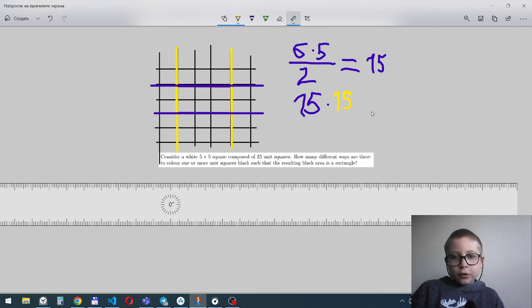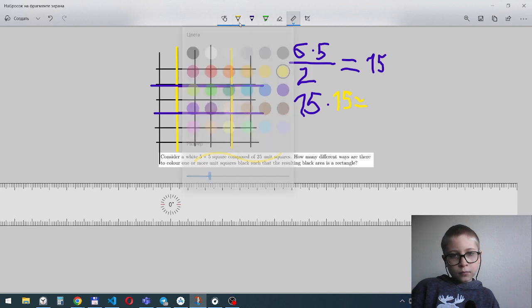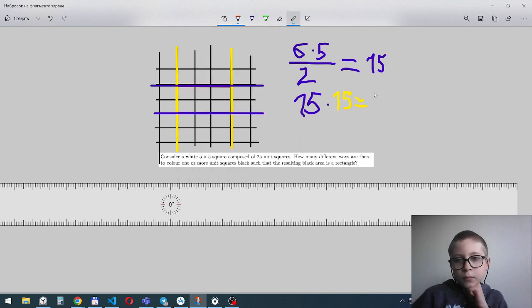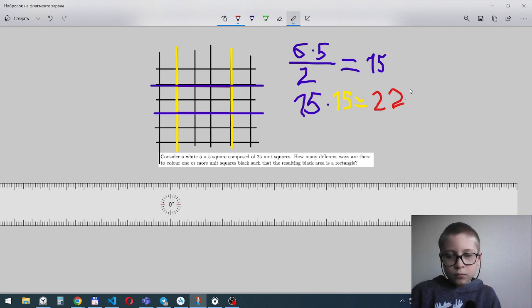is equal to 220, wrong, 225. And this is the answer to our question.